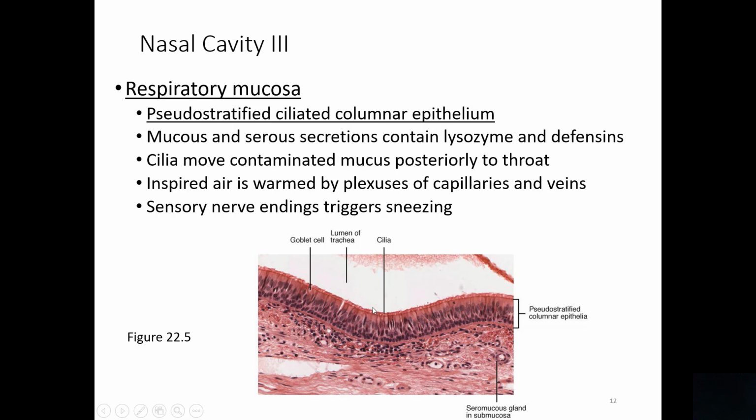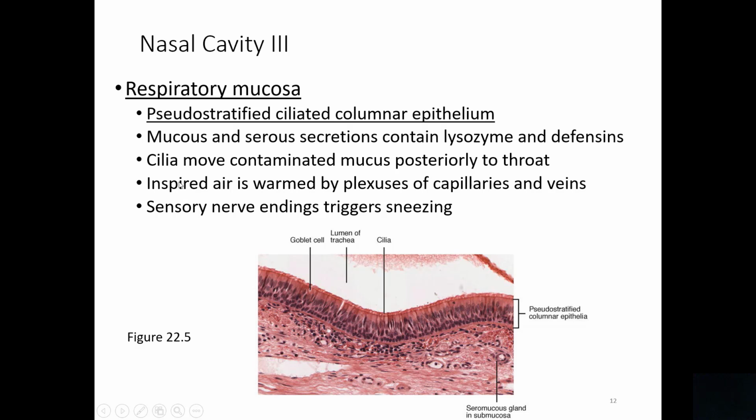They have cilia, and cilia are in mucus. Those mucous and serous secretions contain substances that can kill bacteria, lysozyme and defensins. And cilia move that mucus contaminated with dust particles and bacteria posteriorly back to the throat, where we just swallow it.